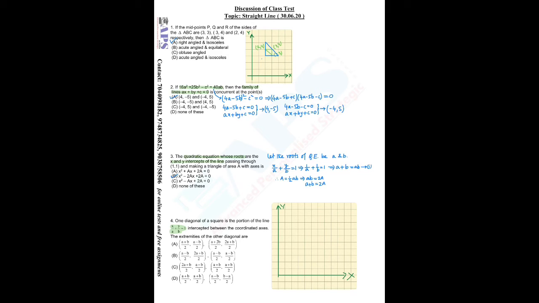Right, now there is a line x by a plus y by b equal to 1. We have to draw that line. Let's draw that line first. Let us say a is greater than b, so it will be like this. This is the line, something like this. Right, so this is the line x by a plus y by b equal to 1.